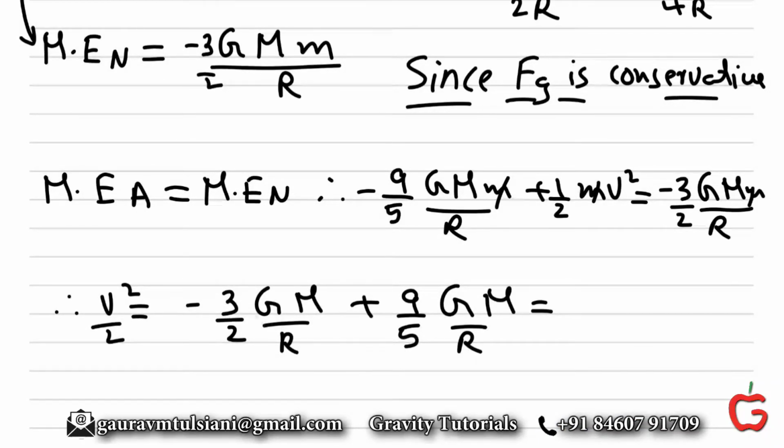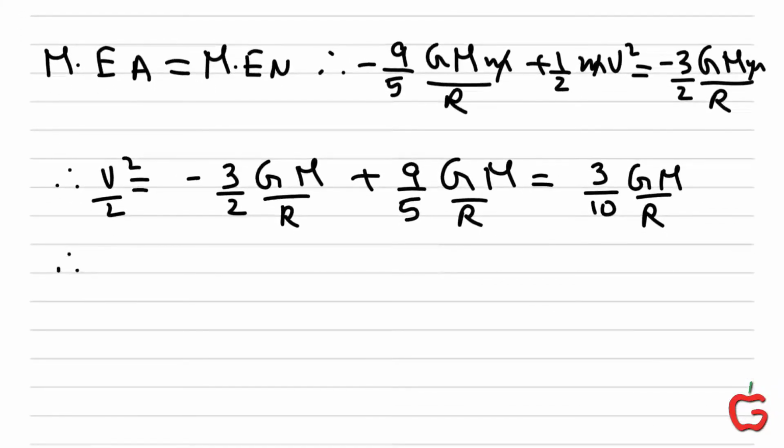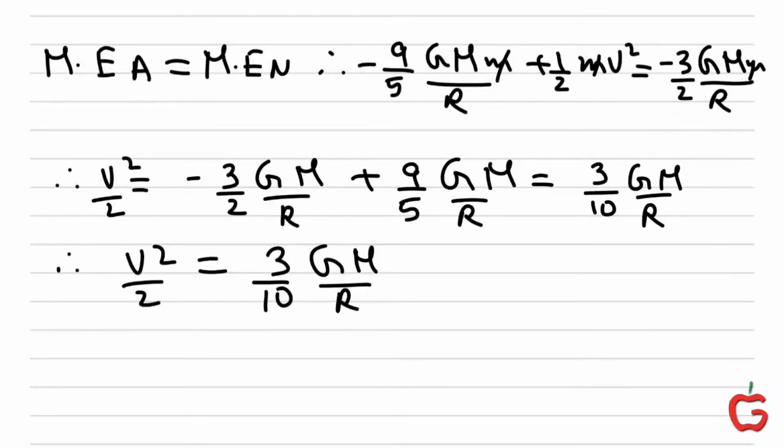So adding this gives us 15 minus 15 plus 18, so 3 is to 10 G M by r. So v square by 2 is 3 by 10 G M by r.